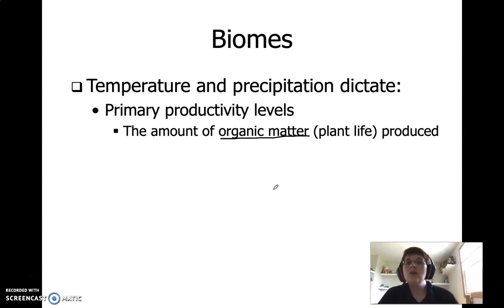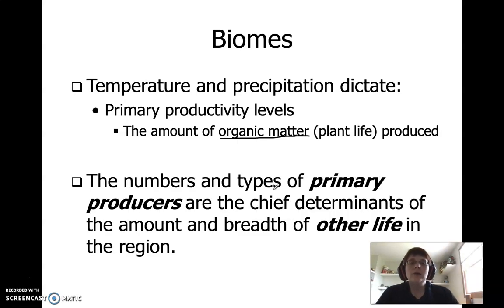If you think about it, when it gets cold, you're probably not going to get as big of plants or as many plants. Why do we care? Because the primary producers, the plants, are going to determine how many and how many types of other life you get in an area. So if you have lots of different plants and lots of them, you're going to probably have lots of different organisms in that area as far as animals and fungi and microbes.